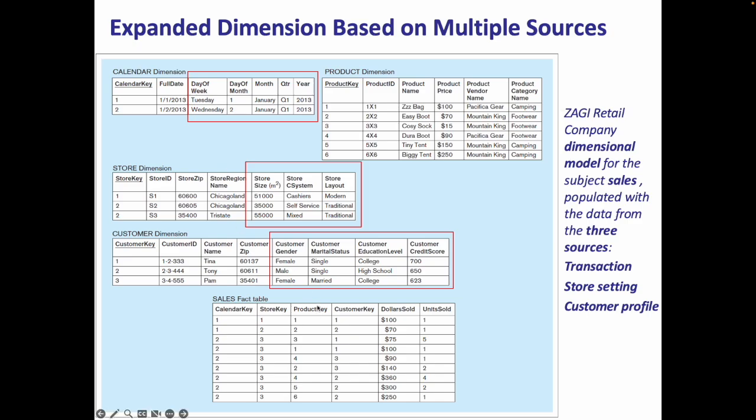So you can compare the cashier-based with the self-service. And then we also have more customer information. For example, we have customer credit score, right? That could also help you if you want to segment your customers.